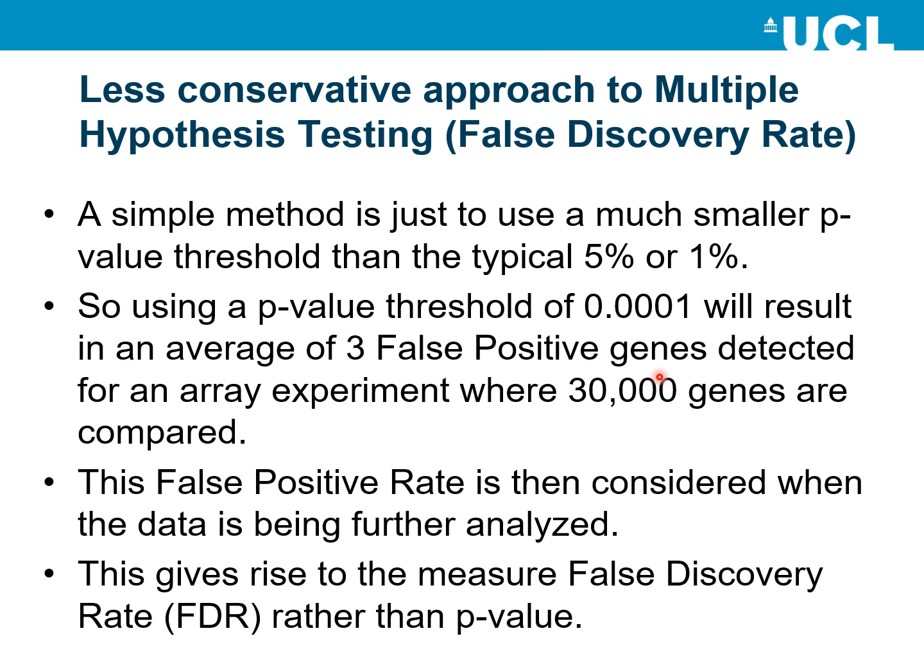So if we use that and we get 100 genes detected, we know that there are 3 false positives amongst them on average. So we have a false discovery rate of about 3% within that data set.